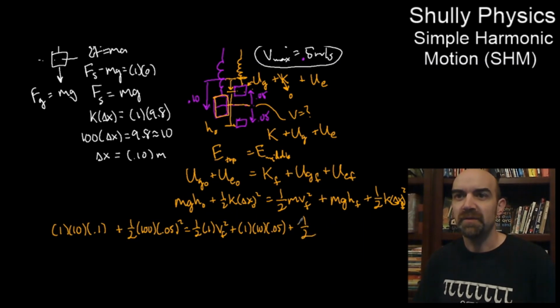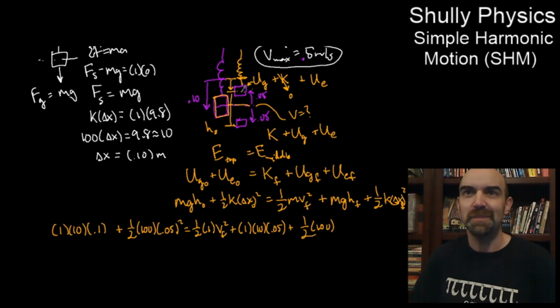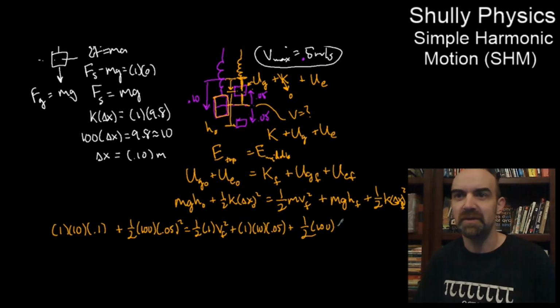We've got a 1/2 spring constant. And now what's its displacement at the middle here? Well, we've got 0.05 plus another 0.05. So the spring's displacement is 0.1 squared.